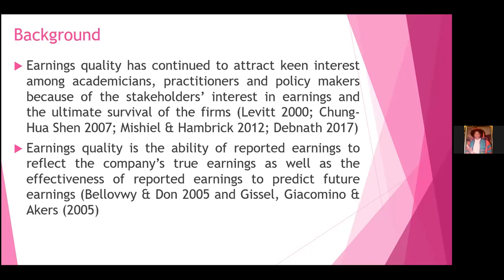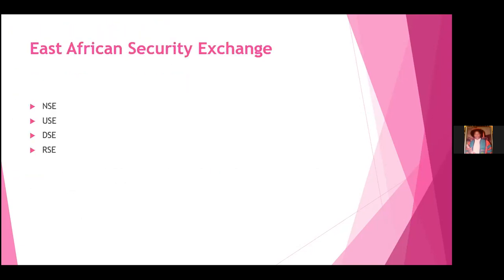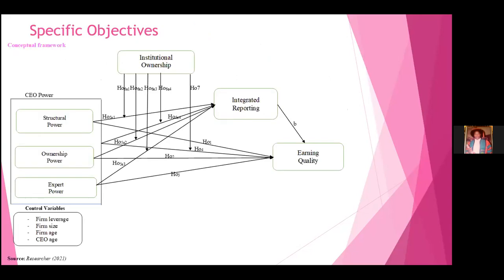The other one on your model, you have institutional ownership as a moderator. And I'm sure you well know that good moderators are exogenous variables. Now, is this institutional ownership coming from the internal environment or from external? How will you separate the internal aspect in terms of institutional ownership?